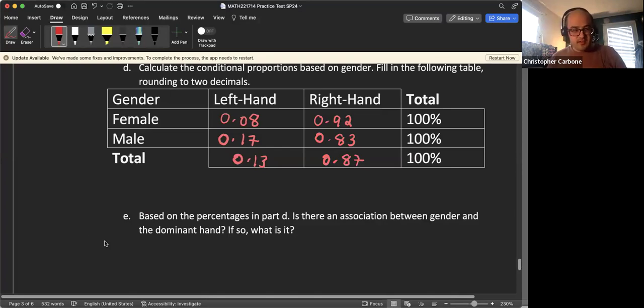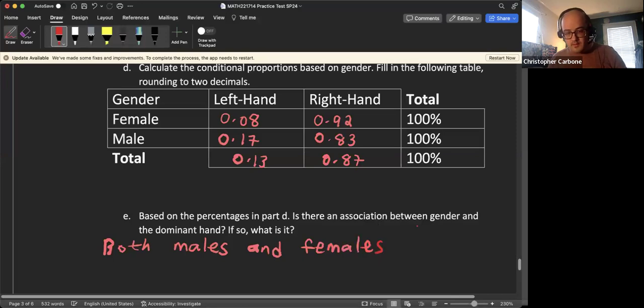For both males and females, the right hand is dominant.